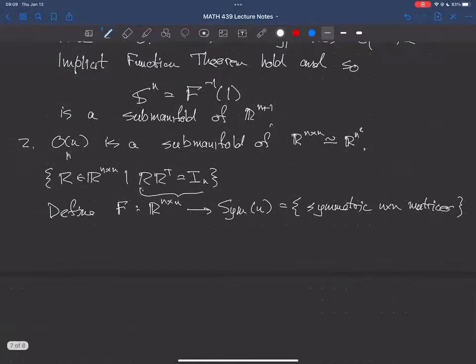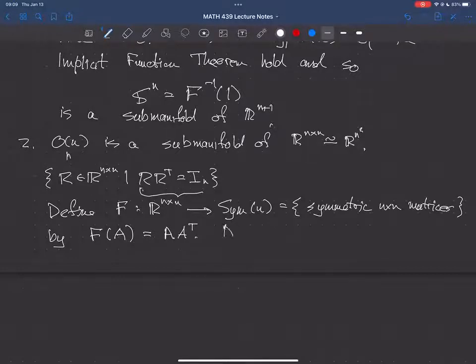All right. And I'm going to take now an arbitrary n by n matrix. So I'm not going to write it as R because R suggests that it's an orthogonal matrix. I'm going to take an arbitrary n by n matrix A, and the function then is obviously going to be A times A transpose.